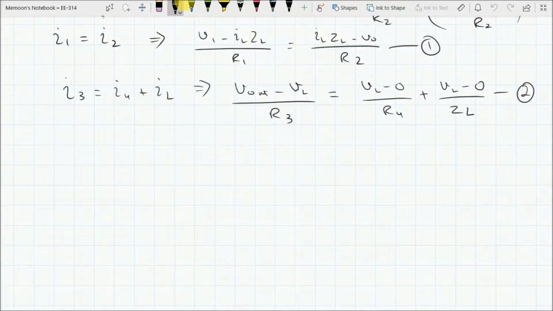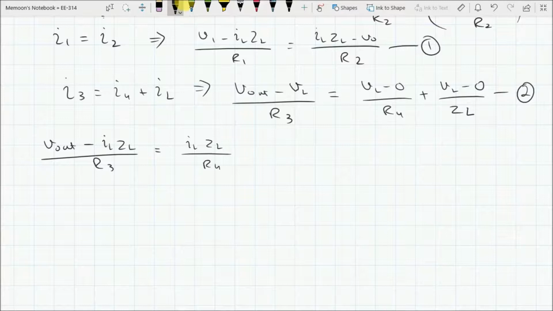Let's write this VL in terms of the current in which we are interested, the load current. So let's rewrite this equation 2 as V out minus ILZL over R3 is equal to ILZL over R4 plus VL over ZL, which is IL.